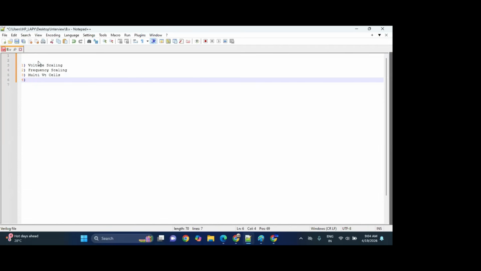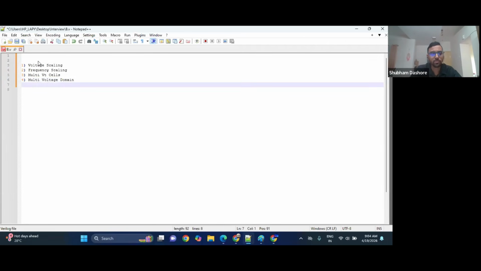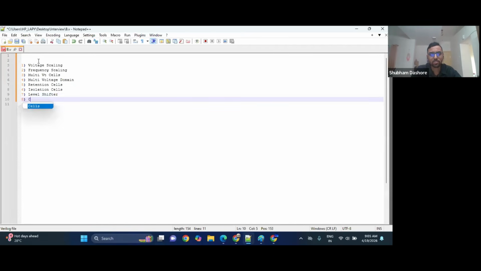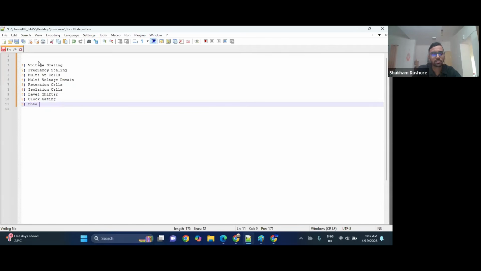We have voltage scaling, frequency scaling, using multi VT cells, fourth is using multi voltage domain, fifth is using a retention cell, isolation cells, level shifter, clock gating, data gating, and power gating.